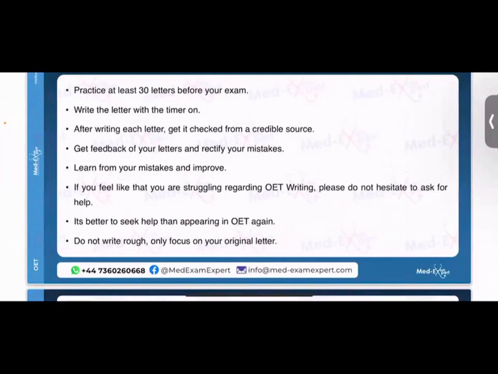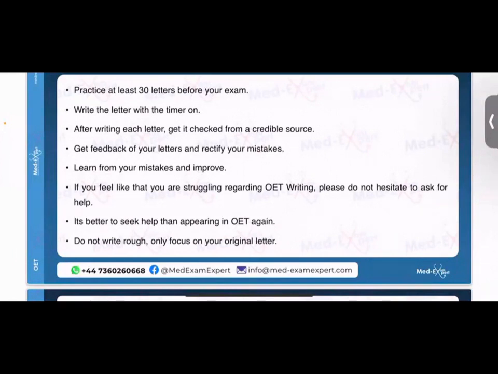This is a very important thing to consider, and I do this for all of the students so that they can rectify their mistakes. And when they submit the second assignment, to be honest, it is much better than the previous one, and they usually get grade B in the second assignment. So learn from your mistakes and improve.